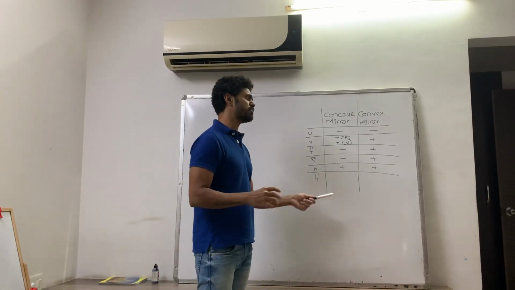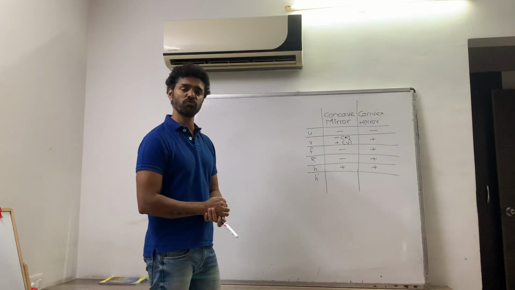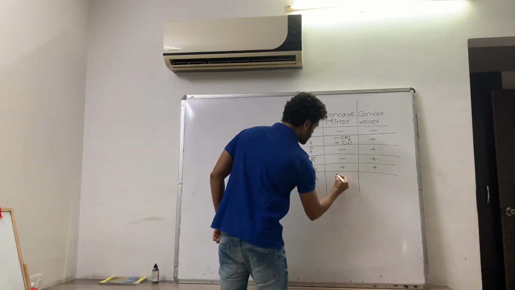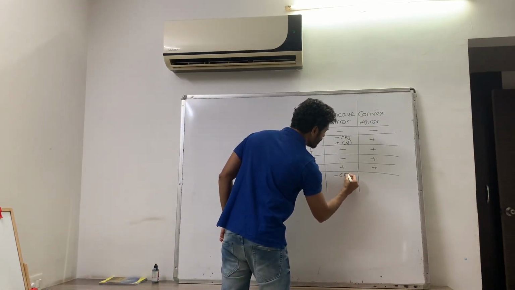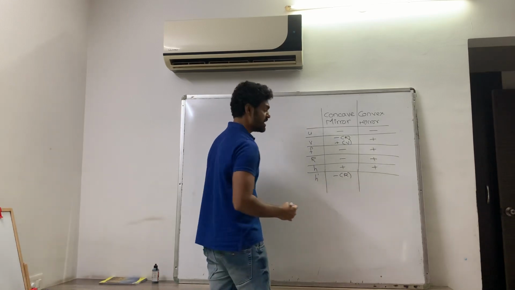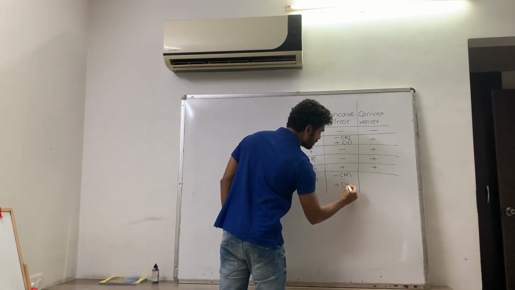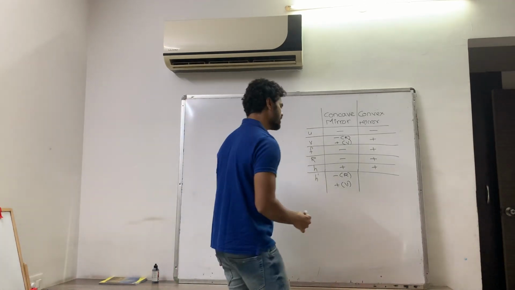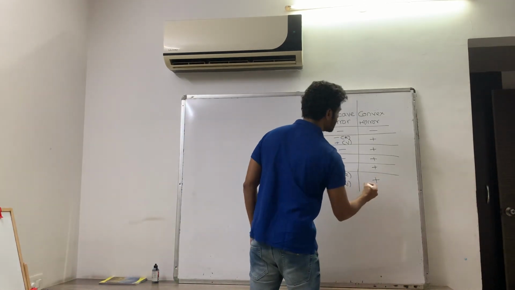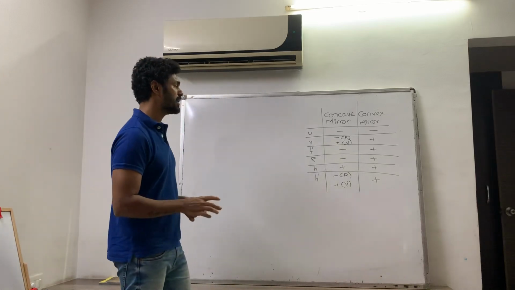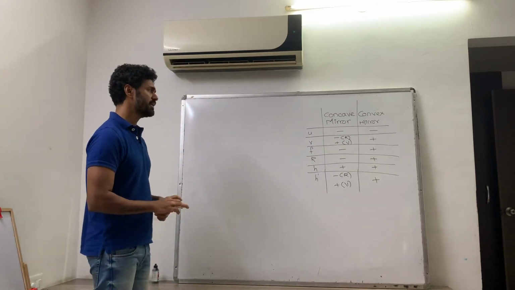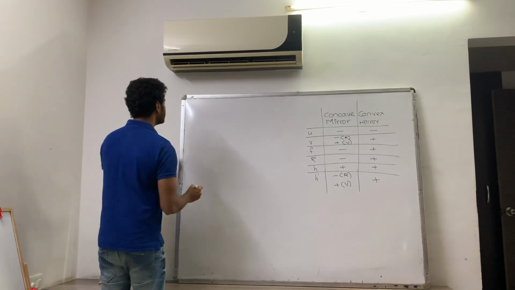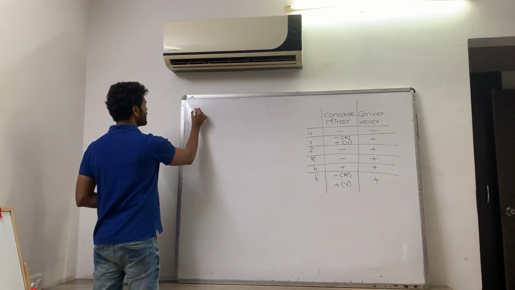For a concave mirror, which gives both kinds of image, the height of the image would be negative if the image is real, and positive if the image is virtual. A convex mirror always gives a virtual image above the principal axis, so the height of the image would be positive. Next, the formulas which we will be using to solve the numericals.